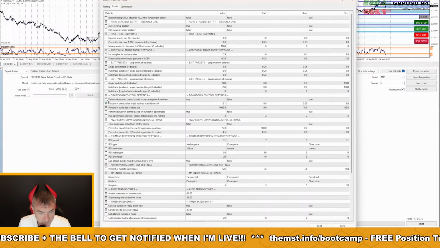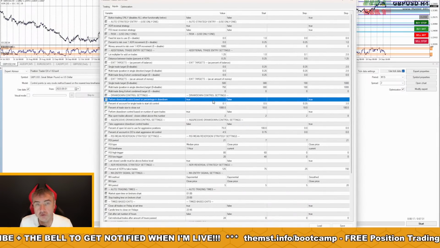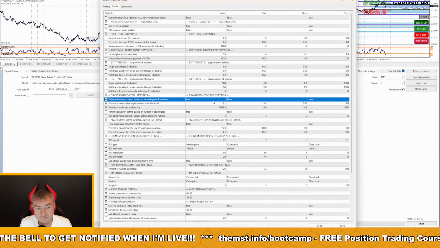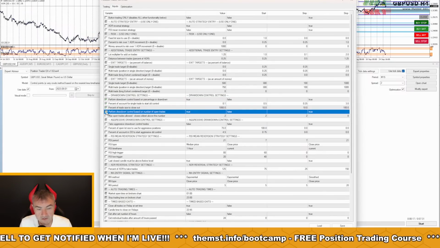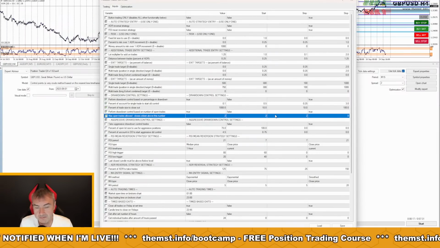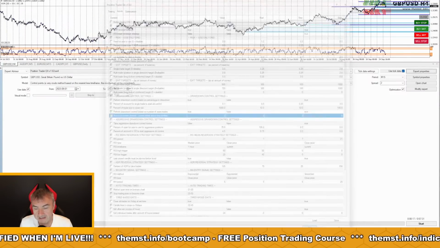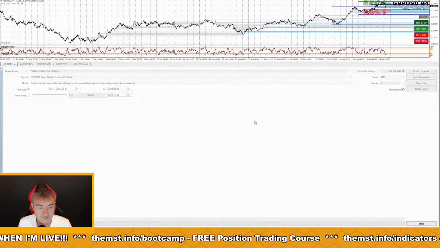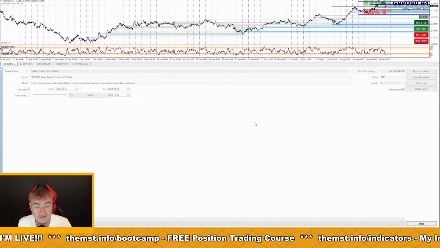But if we include, should we or should we not use it, and then we include should we use or not use maximum number of trades and somewhere between 2 to 8. If you retest that, we've now got 5 variables being tested.